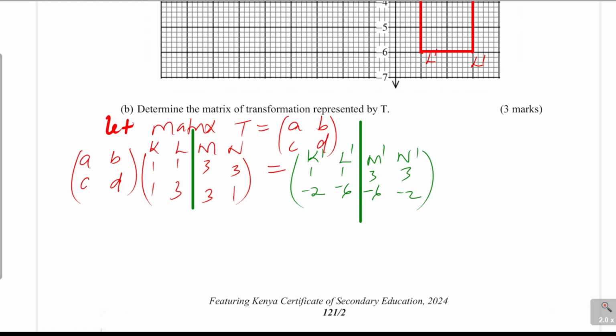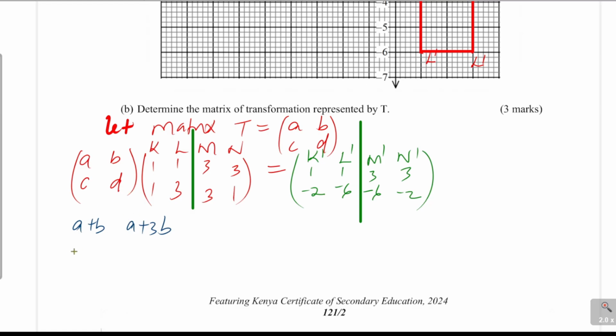Now this is how we multiply it. Row 1, column 1, we have A plus B. Then row 1, column 2 will be A plus 3B.